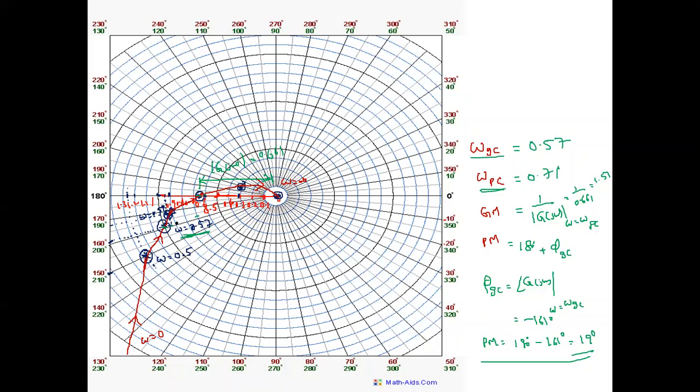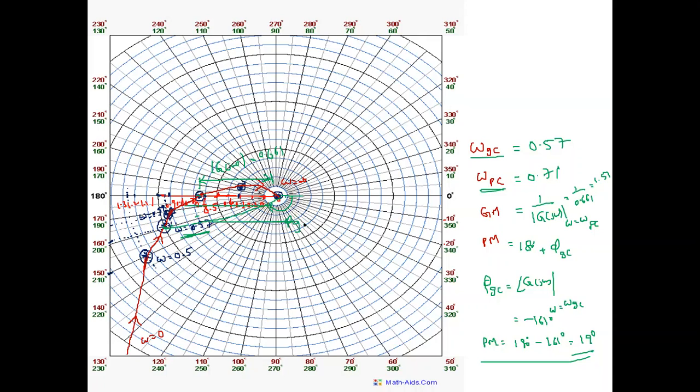Some people, if they have a protractor, will keep the protractor and draw a line to find the angle. This is the phi GC. If they ask to mark this phi GC, this is the point.